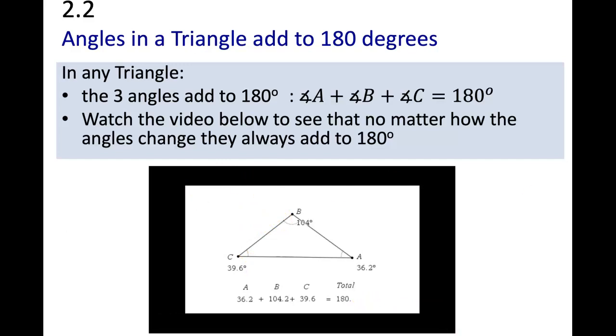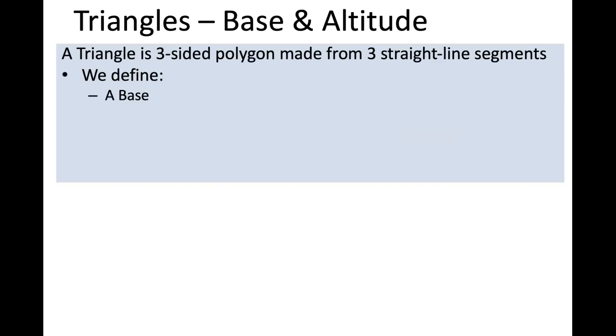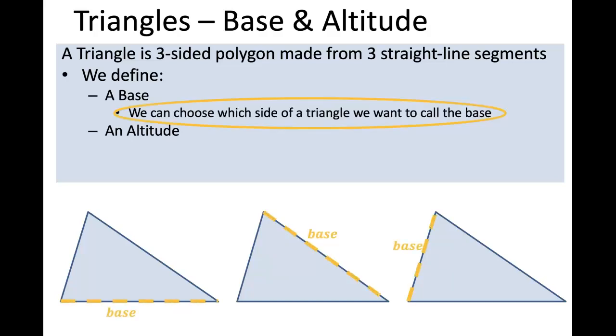Okay, there we go. Now, with triangles, we also have two other terms that we need to consider. A triangle is a three-sided polygon made from three straight line segments, and we have a base and an altitude. Well, you can choose any side of your triangle that you want to as the base. Okay, notice here that we've got three different sides labeled here for the same triangle as the base.